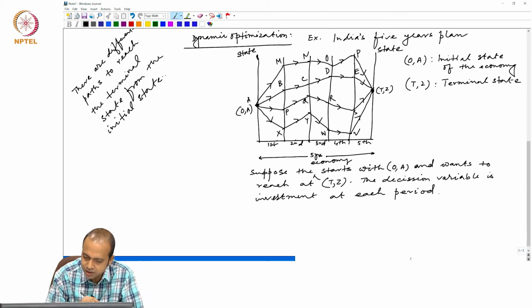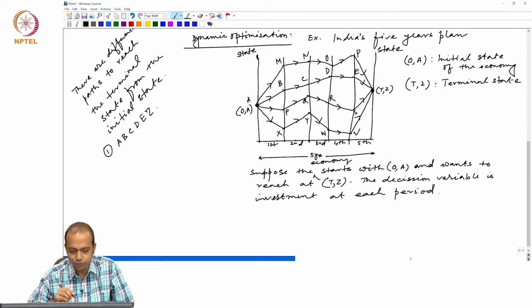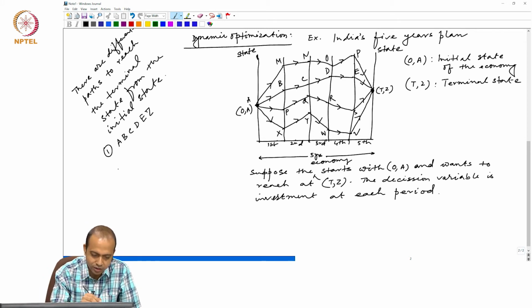And what are those paths? Let us say the paths are A, B, C, D, E and Z. Instead of T, this is Z. This is where we want to reach. This is one path.